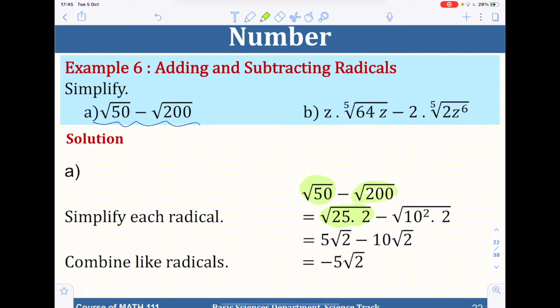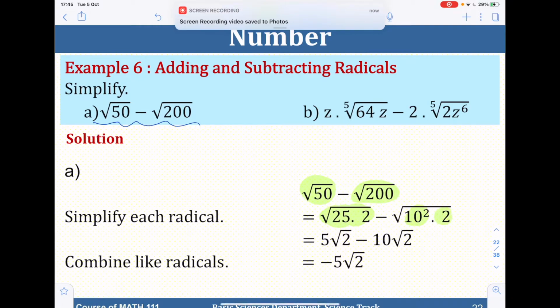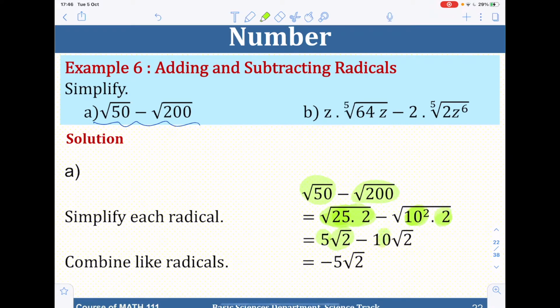Then we will write root 200 as root of 100 times 2, or 10 to the power 2 times 2. Now the root of 25 is 5, and root 2 will stay the same. And also the root of 10 squared is 10, and root 2 will stay the same. So the answer would be negative 5 root 2.